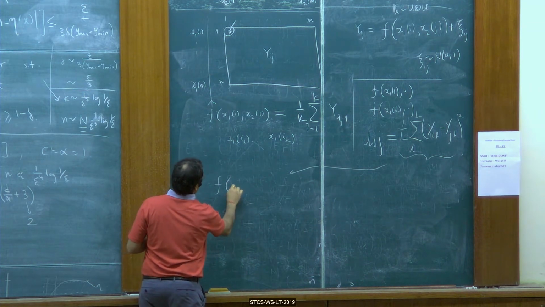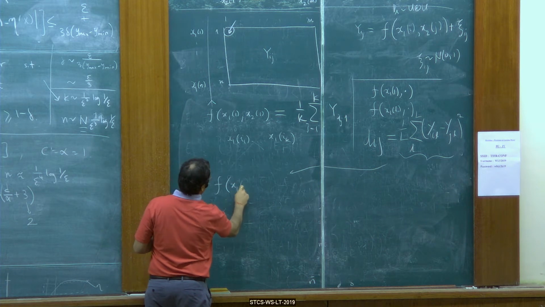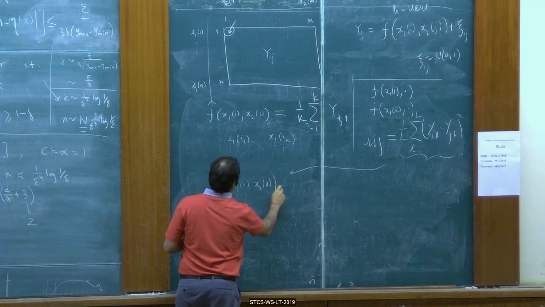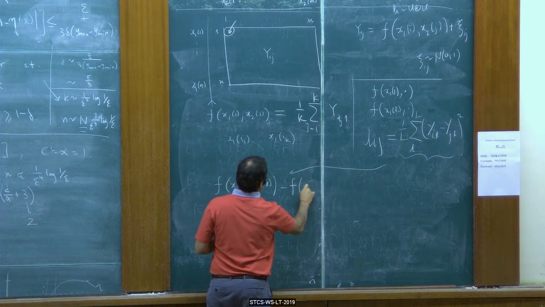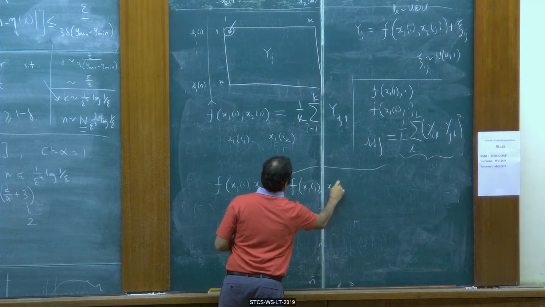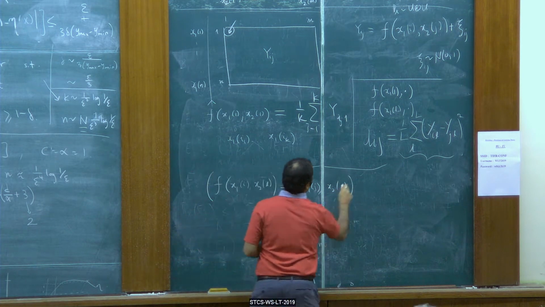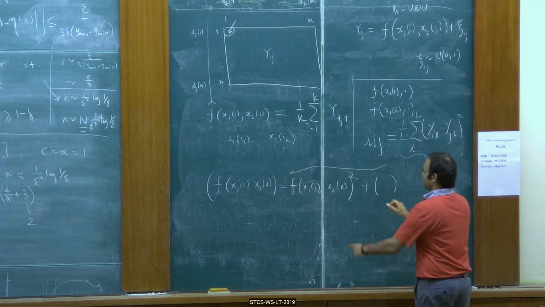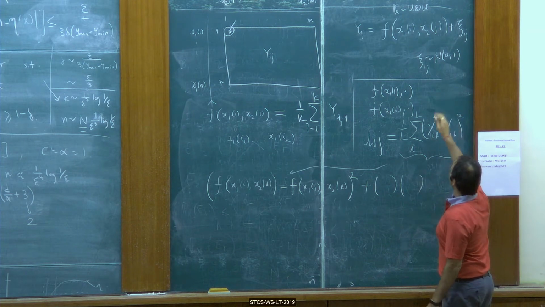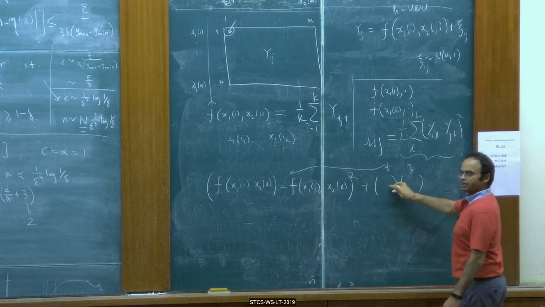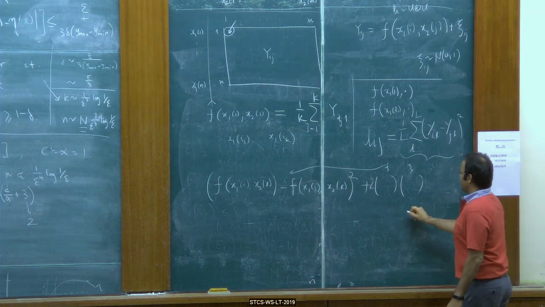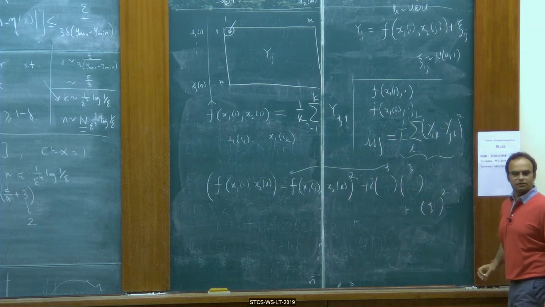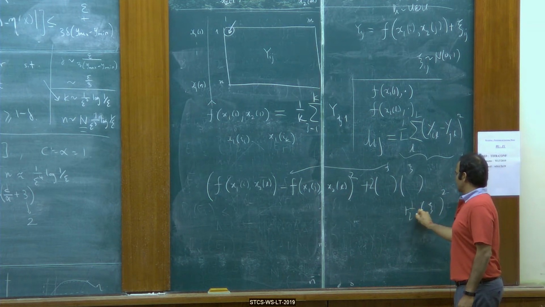You've got f of x1i, x2l minus f of x1j, x2l, squared, plus a term containing these functions and the corresponding zetas, times 2, plus a term containing zetas squared, and all of them averaged.